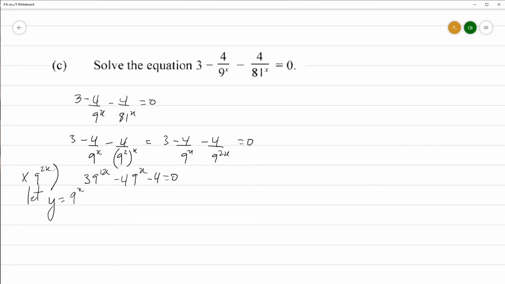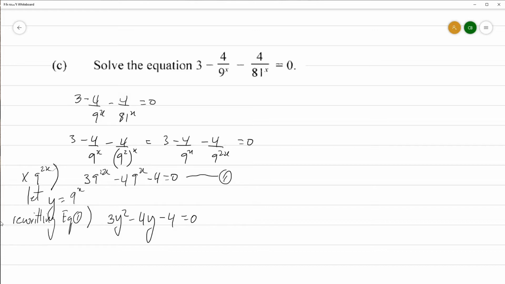So we let y equal to 9 to the x, so we could rewrite this as, let's call this equation 1. Write equation 1, this will be 3. If y is 9 to the x, then 9 to the 2x is y squared. Minus 4y minus 4 is equal to 0.